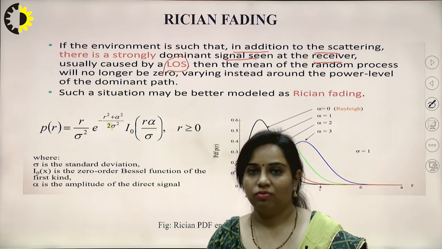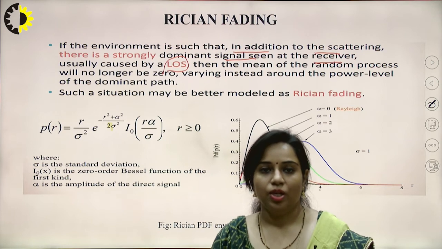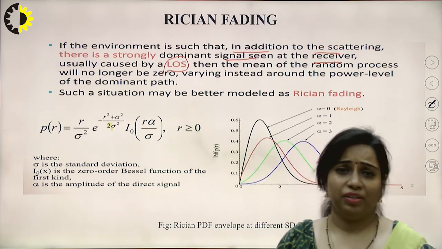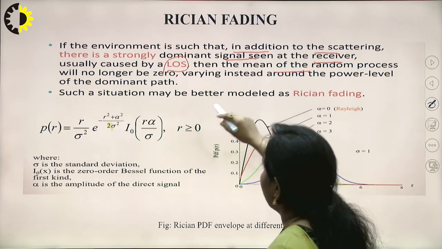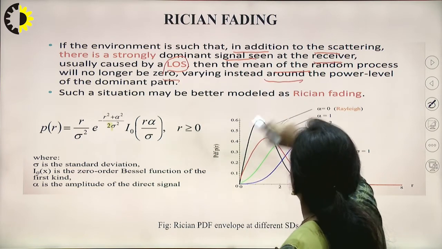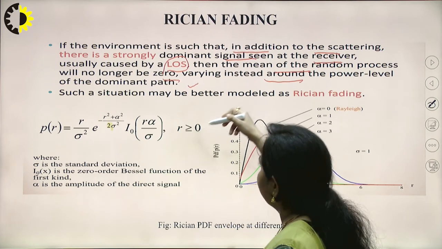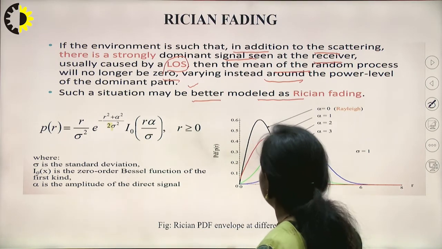Whatever you have transmitted you will receive exactly the same, which is not practically possible due to the effect of noise and atmospheric propagation. Then the mean of the random process will no longer be 0, but varies around the power level of the dominant path, which is the Rician fading. So such a situation may be better modeled as Rician fading.